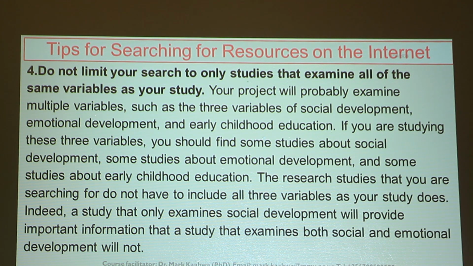So the studies that you are researching do not have to include all the 3 variables as your study does. Indeed, a study that only examines social development will provide important information, as will a study that examines both social and emotional development. So here what we are saying, you do not limit your search to only studies that examine all your variables. That's why we are saying that you look at the synonyms. The synonyms will take you to other studies which are similar to what you have studied.